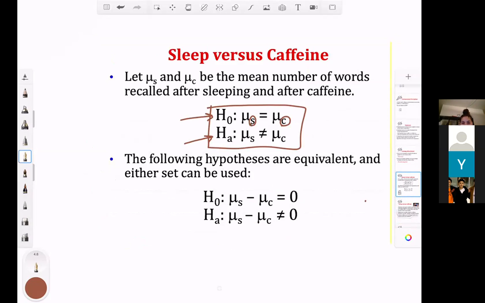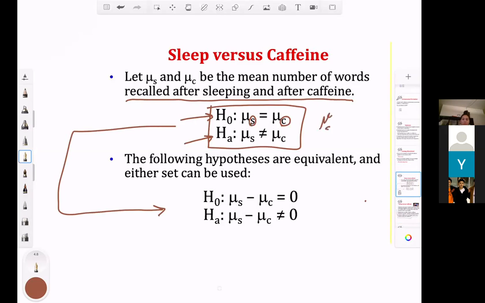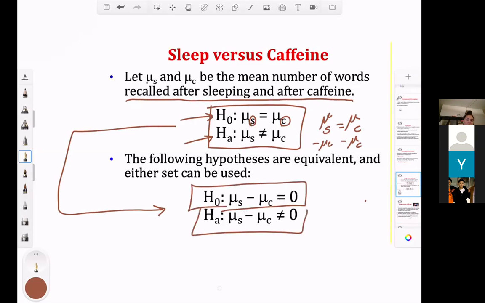So the mean number of words recalled after sleeping and after caffeine. Sometimes they write it this way as well. So here we have mu of S equal to mu of C. If I subtract mu of C from both sides, I get this one. So this has exactly the same meaning. This is exactly the same as that one.